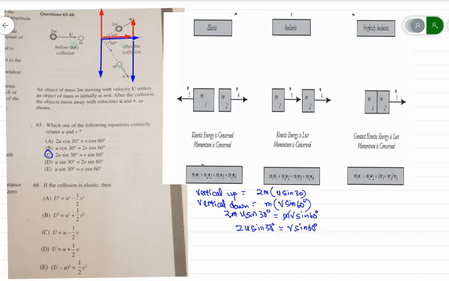That means the kinetic energy before and after must be the same. Let's look at the energy before the collision.